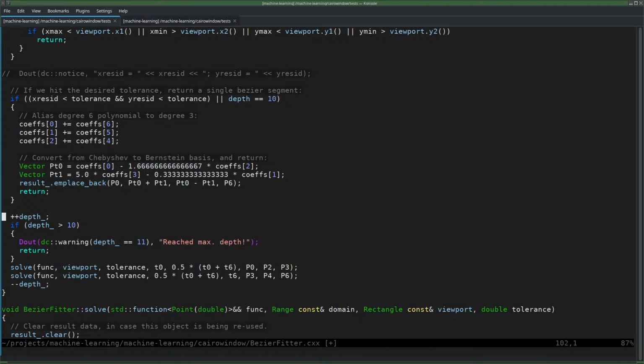I don't think it's correct to return here without decrementing the depth, though. Oh, actually it is. Otherwise, that is the reason why it doesn't take forever. It didn't really take forever. I could just use 100. If I would decrement depth again here, then we really are calling this function 2 to the power 10 times.